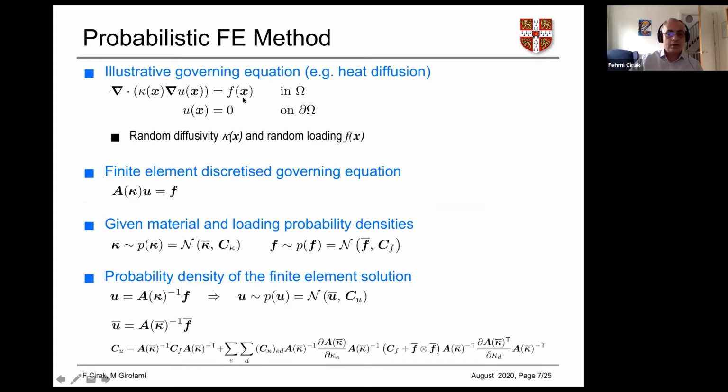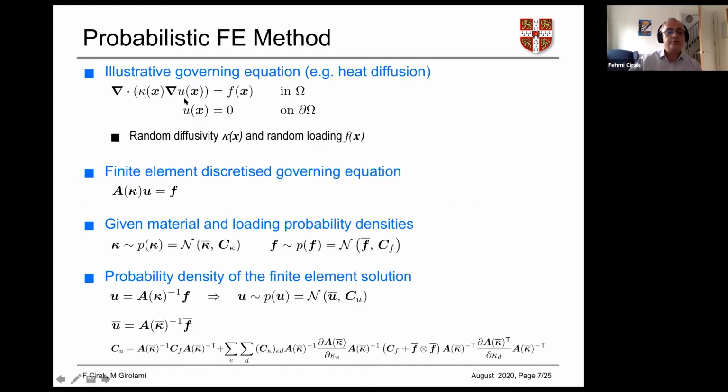I have here some equations. I have maybe too many equations, but you don't have to look into details. What is important is the general idea. So this is our governing equation. Let's say this is our heat equation, heat conduction.